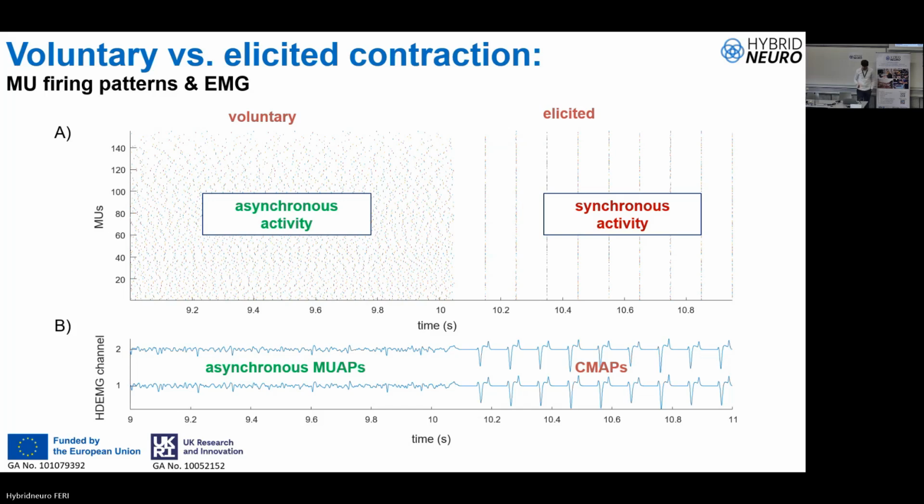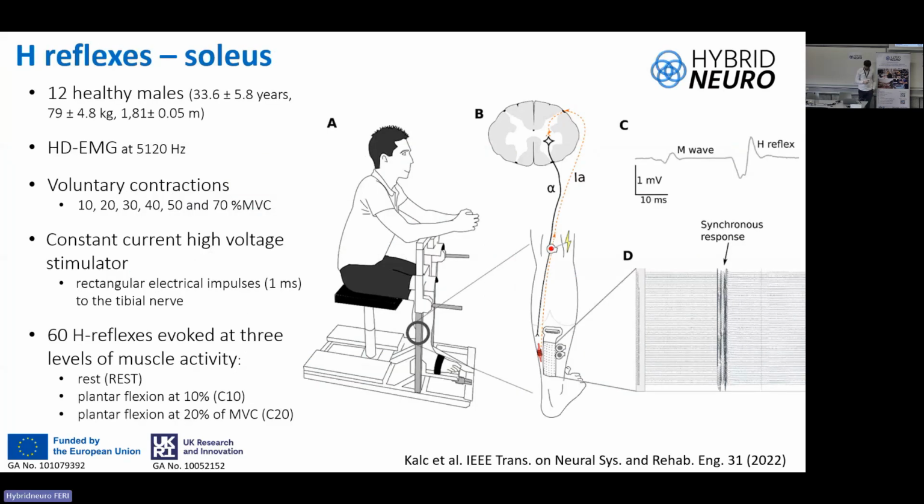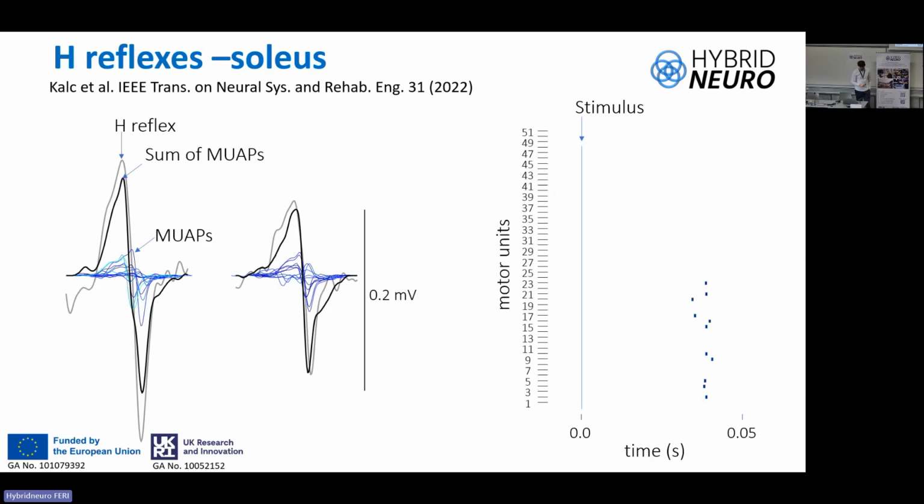Okay. We did a study a few years ago regarding this. Usually, when doing studies with elicited contractions, we study M waves and H reflexes, and this is the case in this study as well. We then decompose the signals into motor units, and then sum up the motor unit action potentials of those motor units.